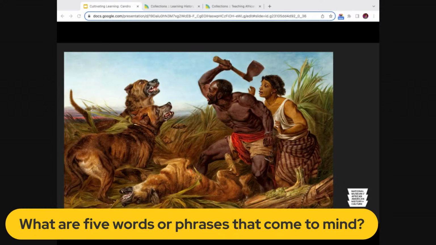For another 45 seconds, you're going to look at this painting and note another 5 words or phrases that come to your mind. I'm going to start the clock now. Take an opportunity and look deeply in the background, around the edges of the artwork. Let your eyes land on part of the painting that you didn't focus on the first time.